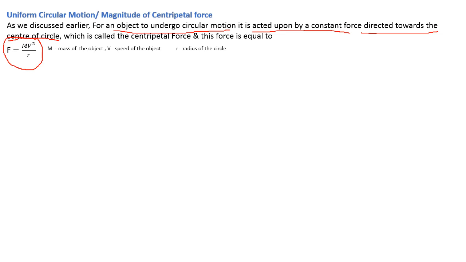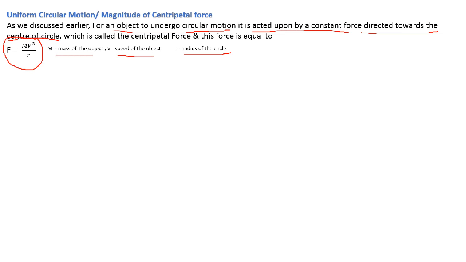Right now you just have to remember that the centripetal force acting towards the center is F equals mv square upon r, where m is the mass of the object, v is the speed of the object, and r is the radius of the circle. So we consider the mass of the object, the speed at which it is revolving, and the radius of the circle in which the object is moving. This is just the starting of the centripetal force.